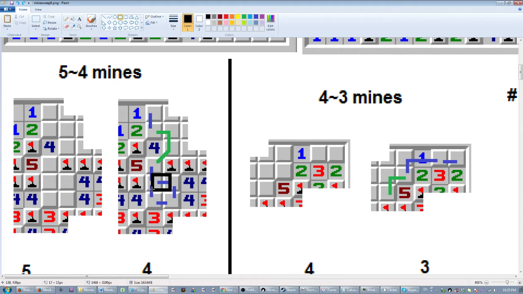You might wonder how I found this, how there's 1 mine among those 2 blocks. Let's see if I can show that. I will color these. Red is a mine and green is not a mine. So with these, if this is a mine, then you know this is not a mine, and this is a mine, and this is not a mine. So this part becomes green. If this is safe, then this is a mine, this is safe, and this is a mine.